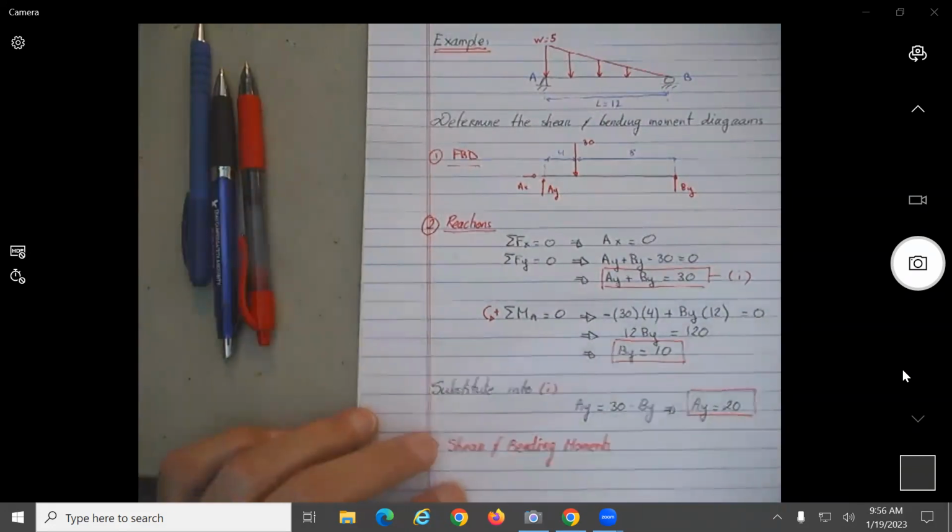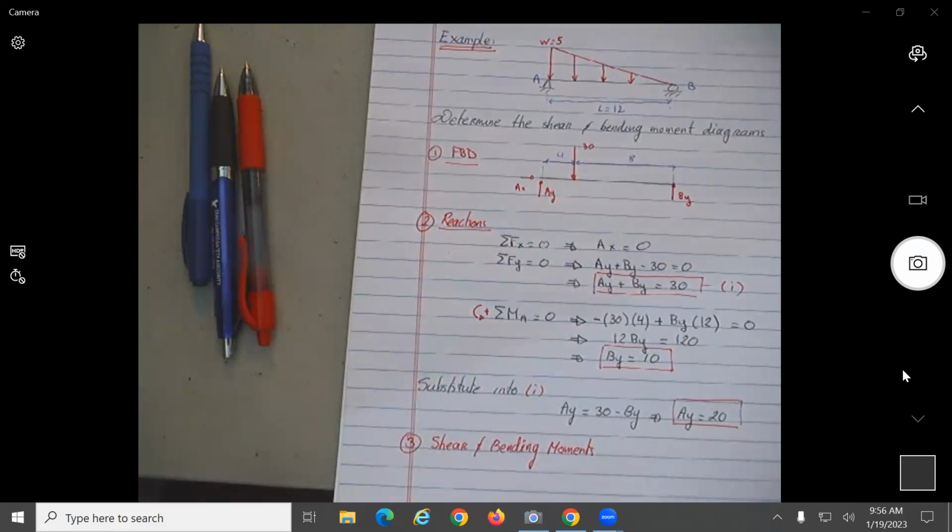For example, where do you want to choose the origin of the reference frame? You can do A, but what could you use as well? B. Which one do you think is going to be easier? When you do a problem, you're going to have to make that choice. I'm not going to be the one making that choice for you. Probably it's easier from B.